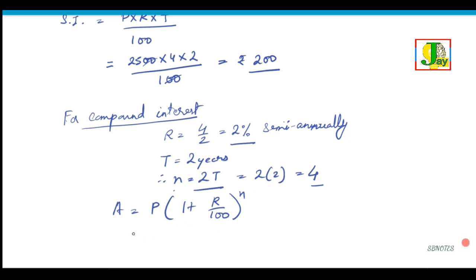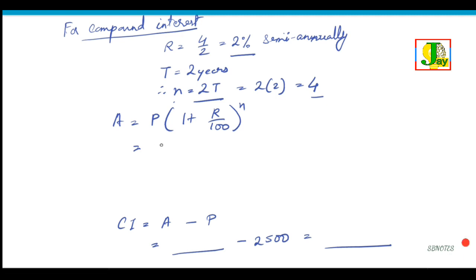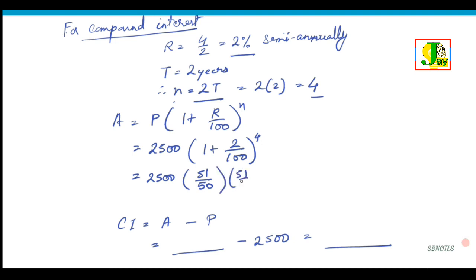I will put the values here. 2,500 into 1 plus r, which is 2, and n is 4, so that's 1 by 50. 2,500 into 50 plus 1, 51 by 50. How many times? 4 times. So 51 by 50, 51 by 50, once more.